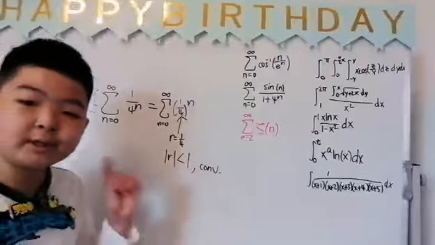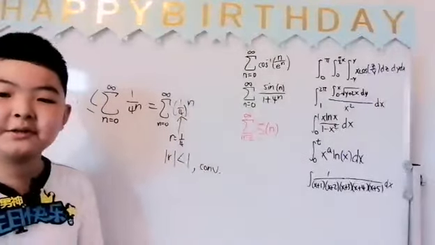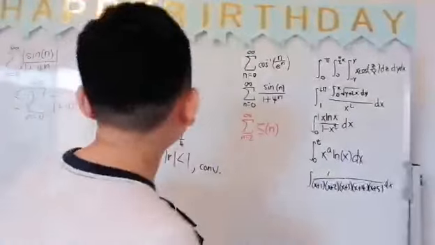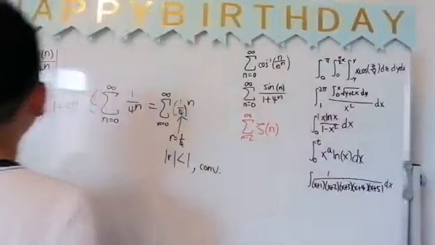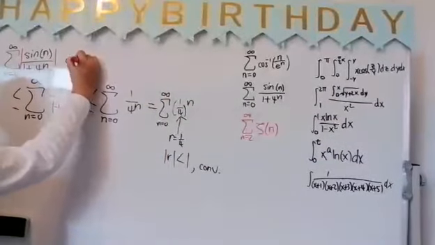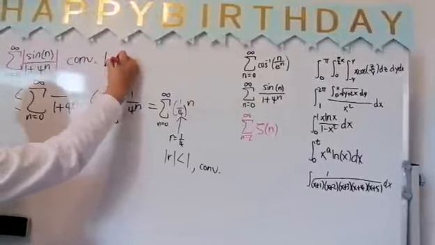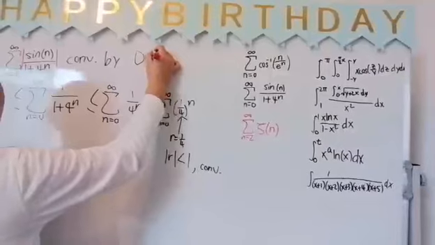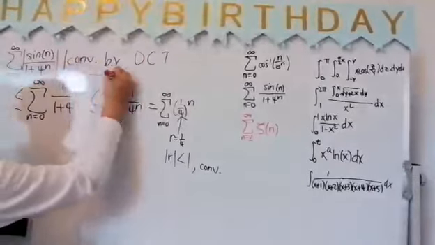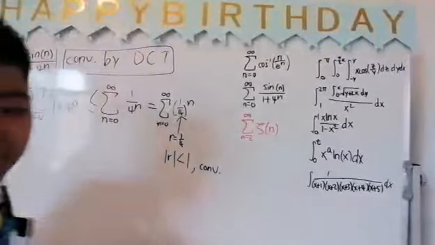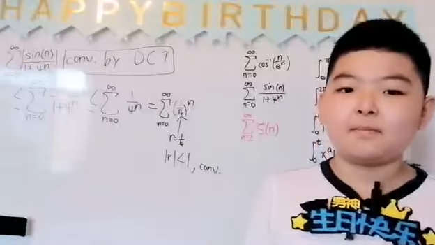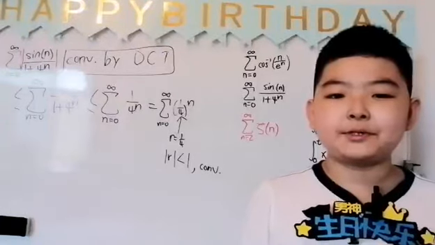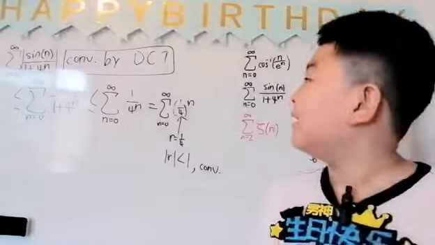And this has to be strictly less than 1, just note that. But it is less than 1 by a pretty good margin, so this is convergent, meaning that the original sum is also convergent by the direct comparison test.